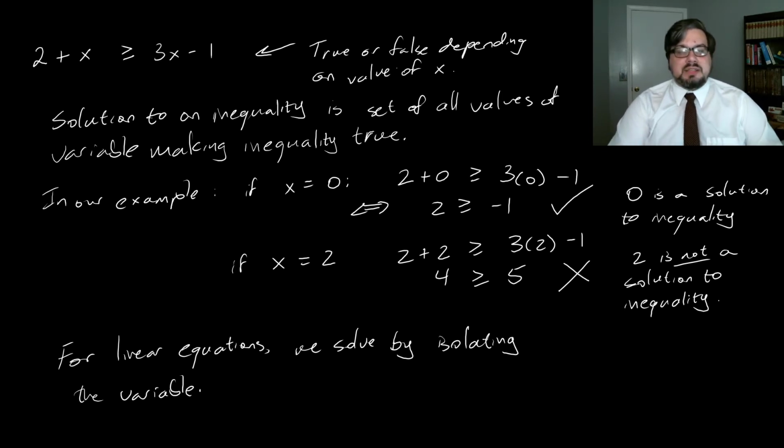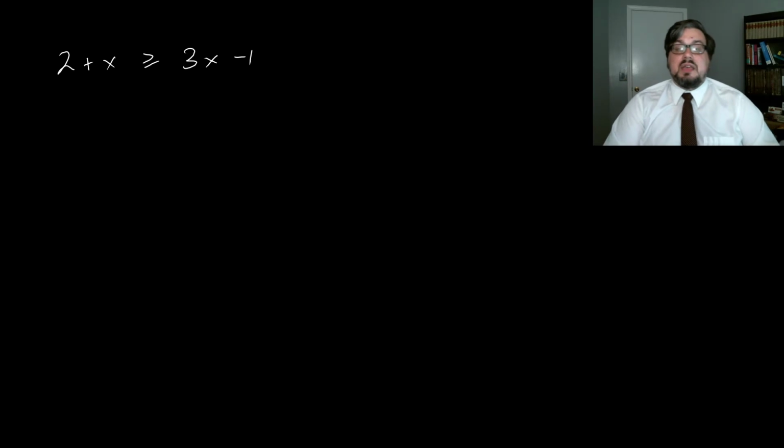So let's look at that with this example. We have 2 plus x is greater than or equal to 3x minus 1. And what we want to do is get x by itself on one side of this inequality. Once we do that, we will have an inequality which will be much easier to describe the solutions to.